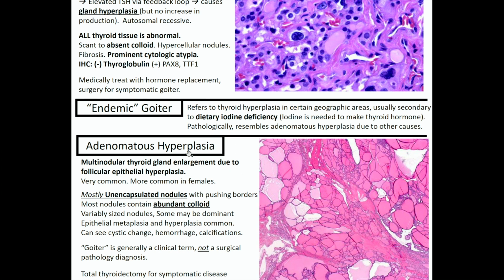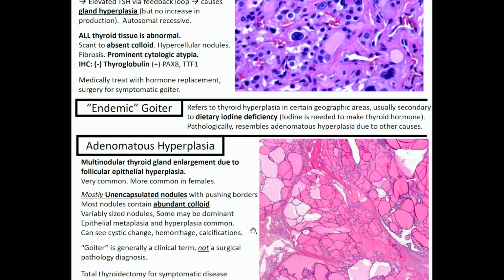So adenomatous hyperplasia is a multinodular thyroid gland enlargement due to follicular epithelial hyperplasia. Very common, like a lot of these entities in the thyroid category, it's more common in females. It's mostly unencapsulated nodules with pushing borders, and most nodules contain abundant colloid.